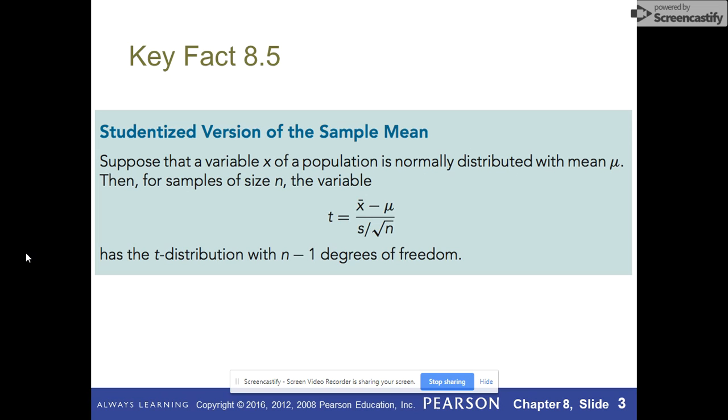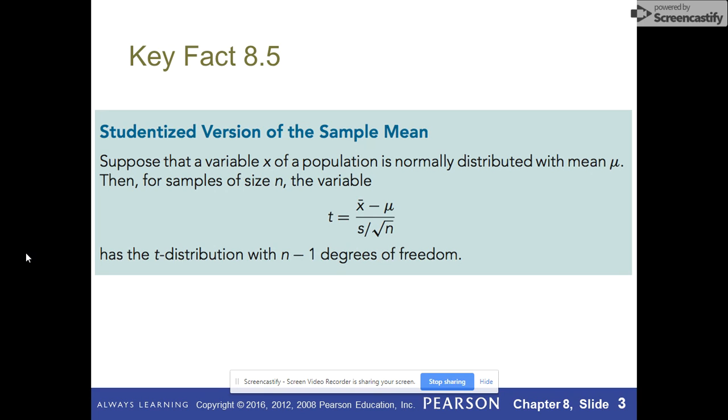So we had a z variable, which was our standardized version of our sample mean. Here we have the studentized version because the t distribution is frequently called a student distribution.